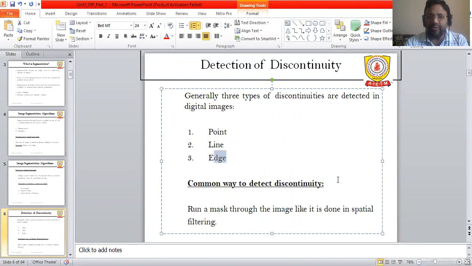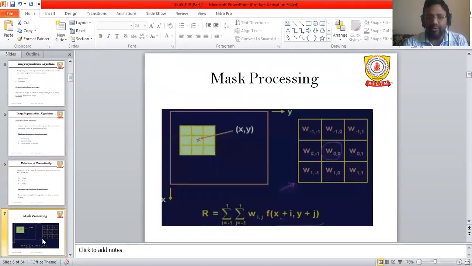A common way to detect discontinuity is to run a mask, which is also considered a filter, window or template, through the image, like it is done in spatial filtering. We use a mask whose dimension is 3 by 3. As per this diagram, this is the whole image.